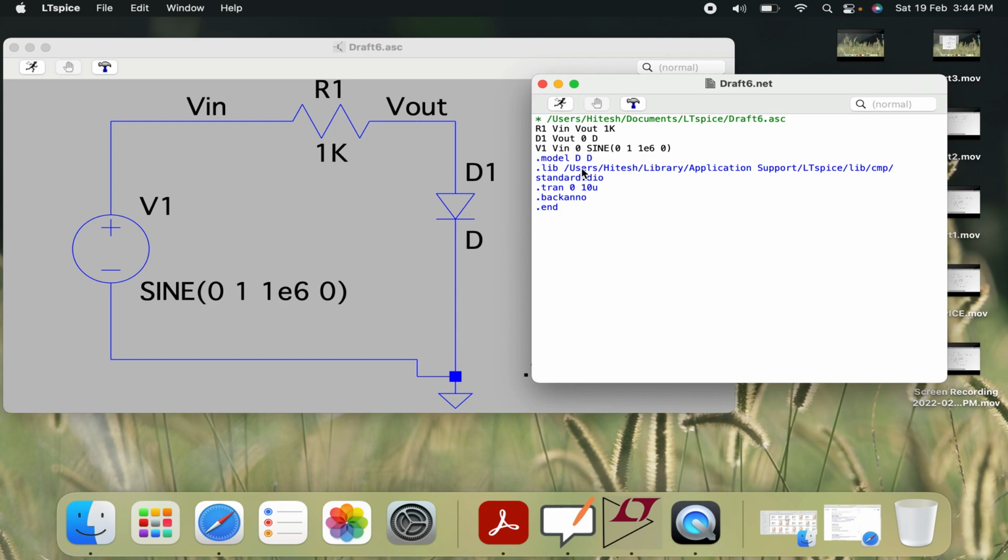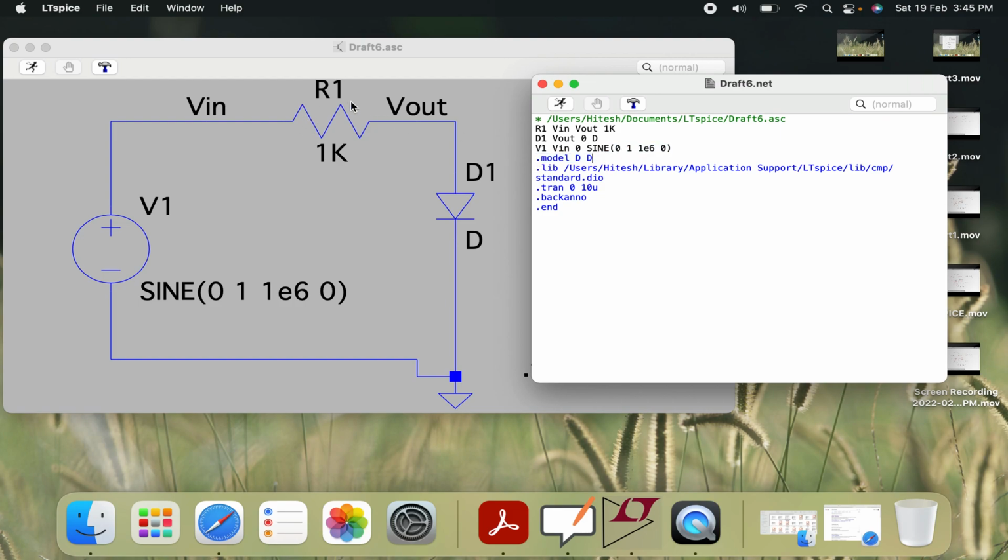You might have studied 0.7 volt as a cut-in voltage, but in this diode it's nearly around 0.65. That's the cut-in voltage. So those things are written at the back end in this library or the given library path, as I have explained for op amp and other things, whose mathematical things are written in the library path, and the path is defined over here, and whose models are here.